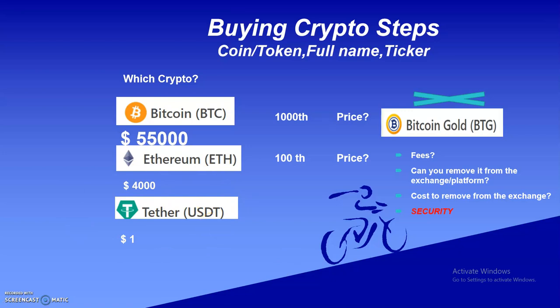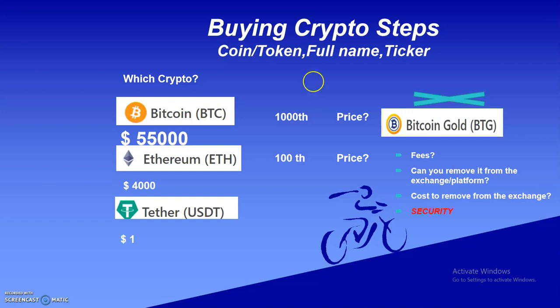The other points to consider can be the price of crypto. Bitcoin being quite expensive, currently sitting at around $35,000, we might not be able to buy an entire Bitcoin. It doesn't mean that we don't have access, but we can buy a fraction of a Bitcoin.